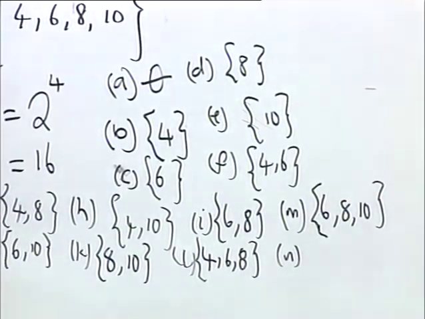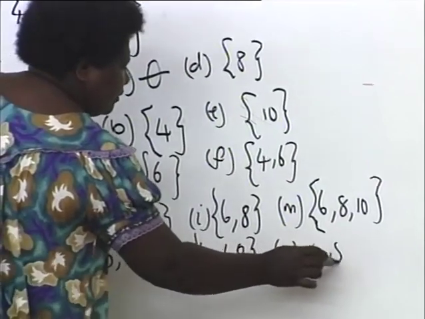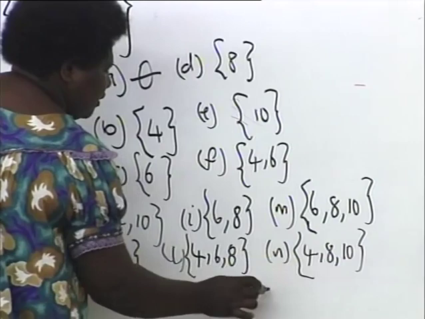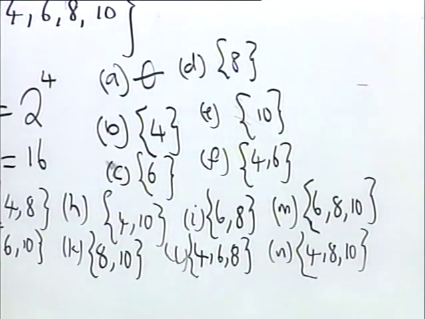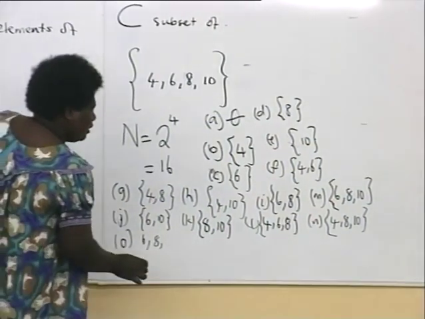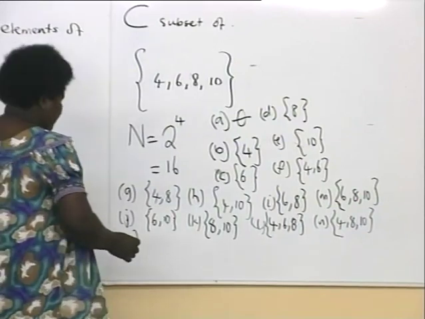What next? {4, 8, 10}. And then letter O, {4, 6, 10}. Now we've got {6, 8, 10} already.